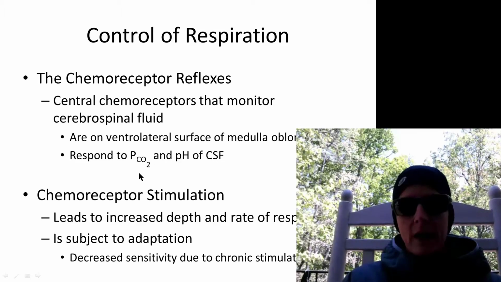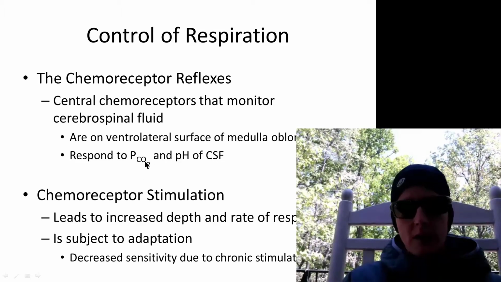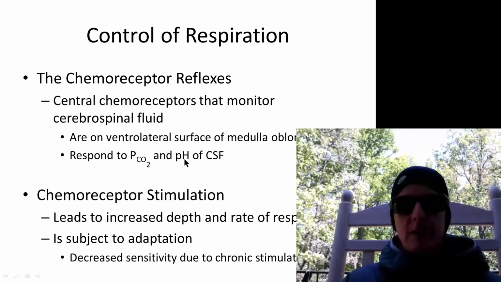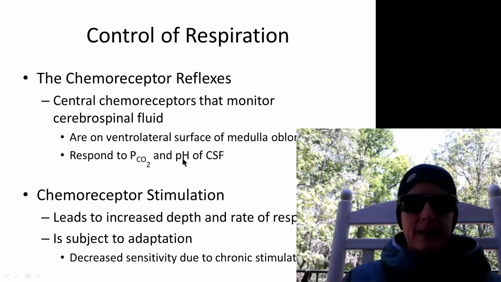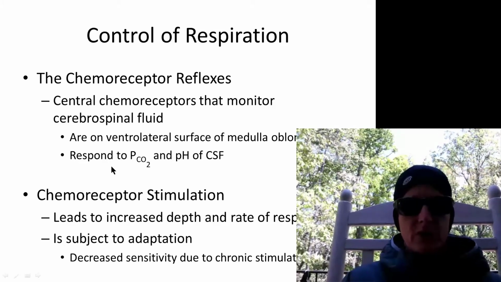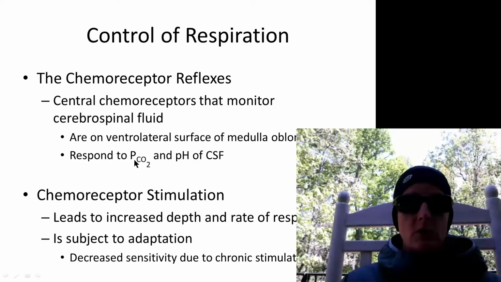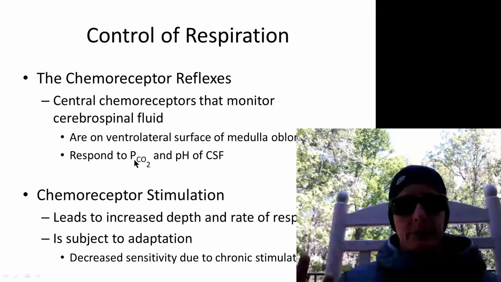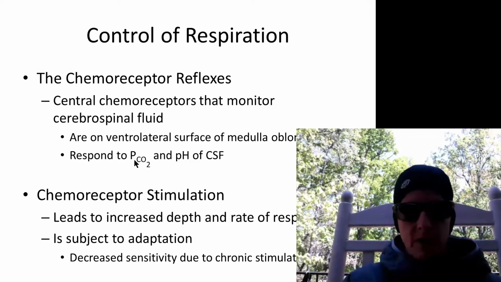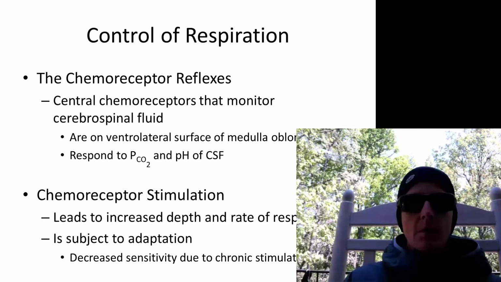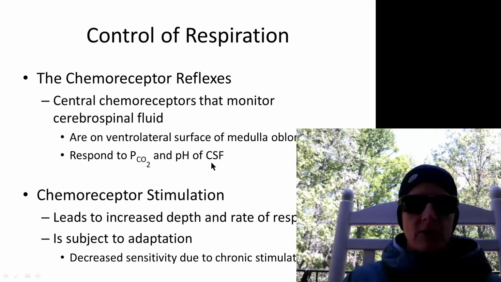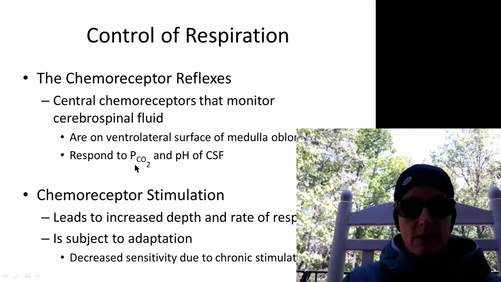These things usually go hand in hand, because when carbon dioxide goes up, pH goes down, because things are getting acidic in here. So this generally means that we need to inhale more oxygen and get rid of some carbon dioxide. If we detect more carbon dioxide in the CSF than usual, then we will breathe faster to get rid of it.